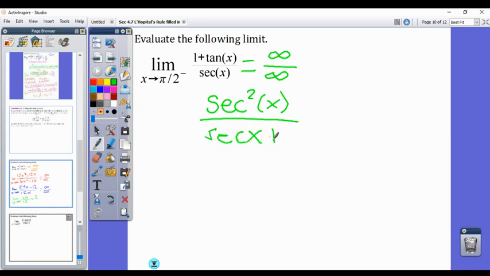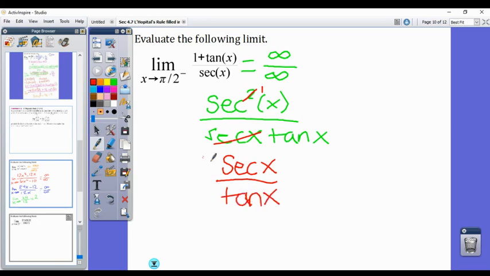So then I thought, okay, I can simplify this, right? So I know that I can get rid of my secant, and then that would just give me one secant in my numerator. So essentially, I would have secant x over tan x. Now, I was remembering the fact that secant essentially is 1 over cosine, and tangent actually is sine over cosine, right?